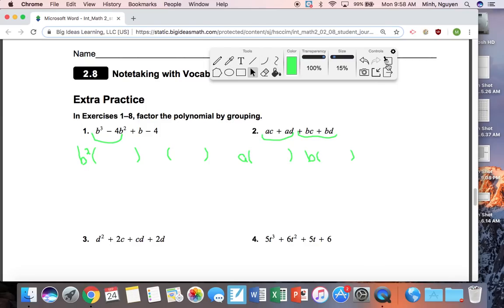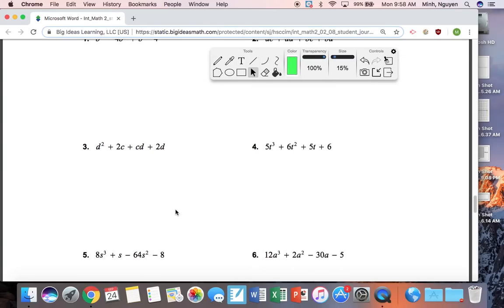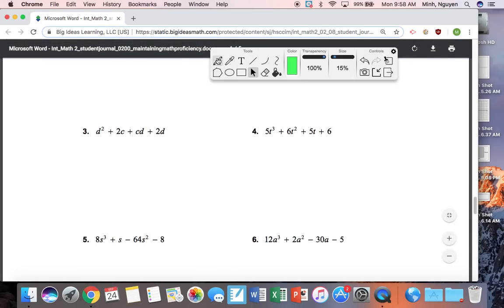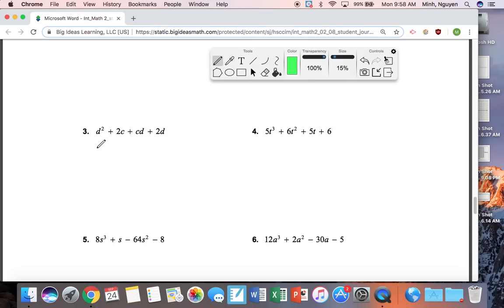So what I'm going to do is rewrite it, and I'm going to rearrange some stuff before I factor. I will say 2c plus cd, because this is positive, so I can just write positive 2c plus cd.